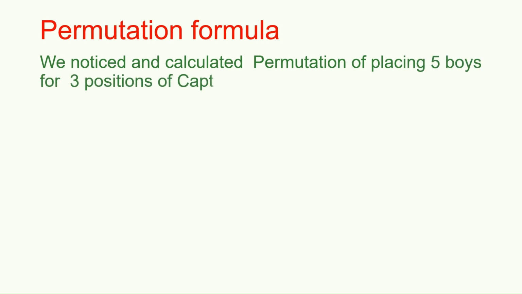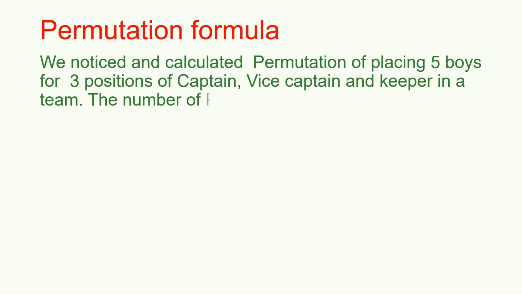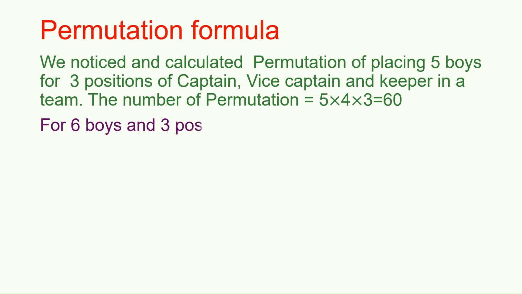We also calculated the permutation of placing 5 boys for 3 positions of captain, vice-captain and keeper in a team. The number of permutations is equal to 5 times 4 times 3 equals 60.